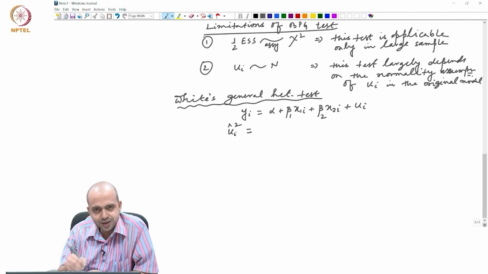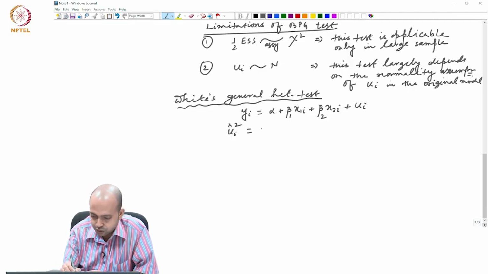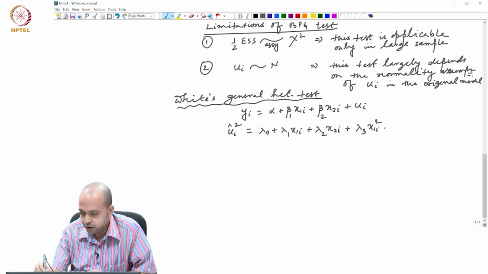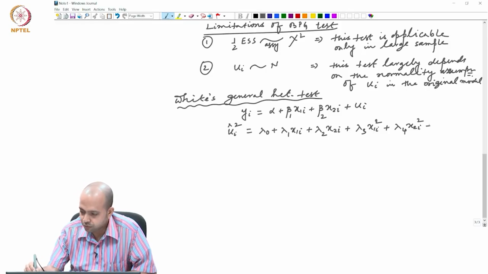Then you regress this ui hat square on lambda 1 x1i plus lambda 2 x2i plus lambda 3 x1i square plus lambda 4 x2i square plus lambda 5 x1i x2i plus epsilon i.